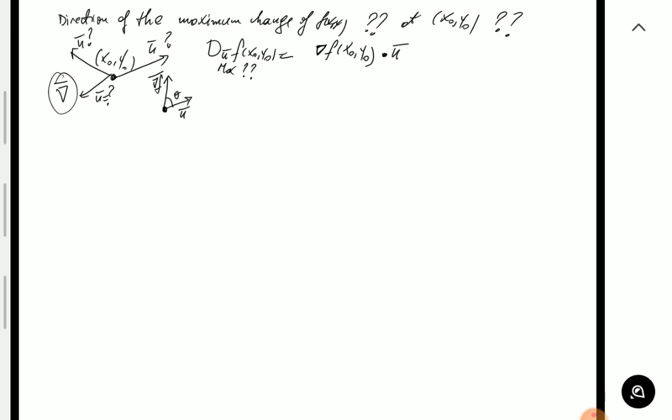They form an angle theta, and remember that formula for the cosine of the angle between two vectors, which is u dot v over the magnitude of u times magnitude of v. So if we apply this formula and write the dot product on the top, it turns out that this dot product is nothing but the magnitude of the gradient. Pay attention here, the magnitude of the gradient times the magnitude of the unit vector u times the cosine of the angle between them.